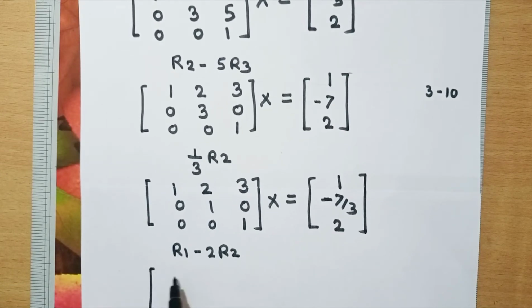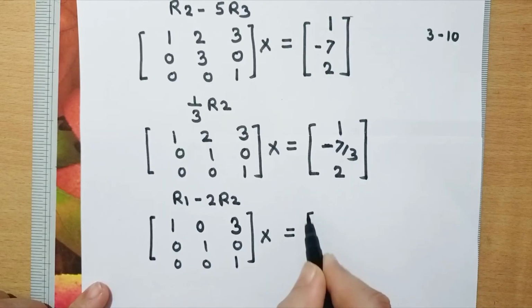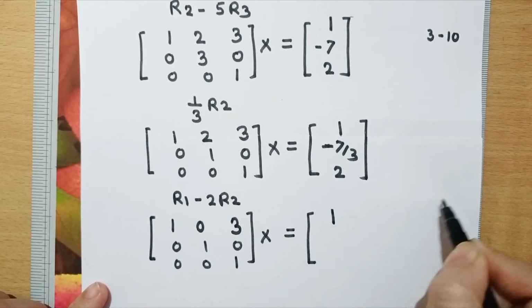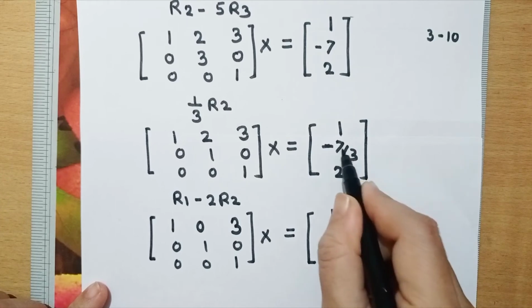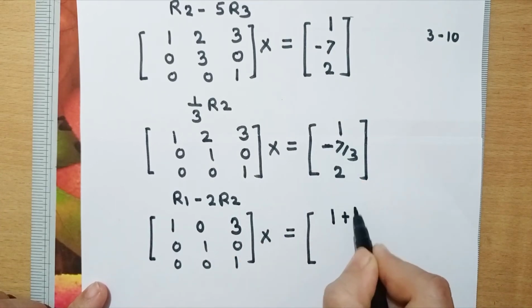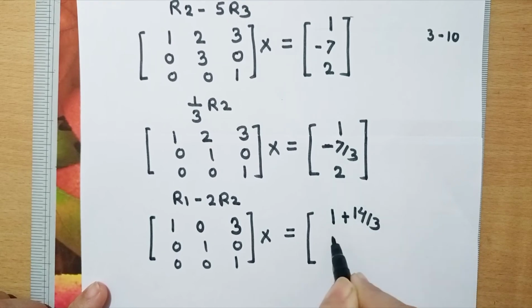So we have again 1, 2 minus 2, 0, this 3 as it is equal to this 1, minus 2 multiplied by this. So minus minus plus 7 2s are 14 by 3 minus 7 by 3, and this is 2.